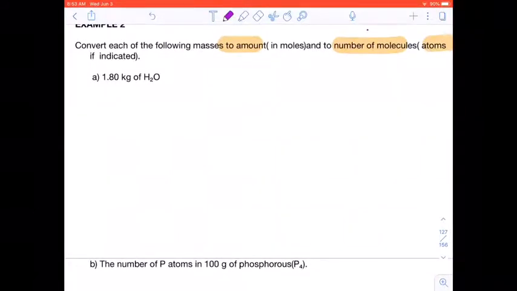If you look at A, 1.80 grams of water, which would mean if I say n is equal to mass upon the molar mass of H2O, that would be 1.80, and we want to convert it to grams, so we multiply by 10 to the 3.